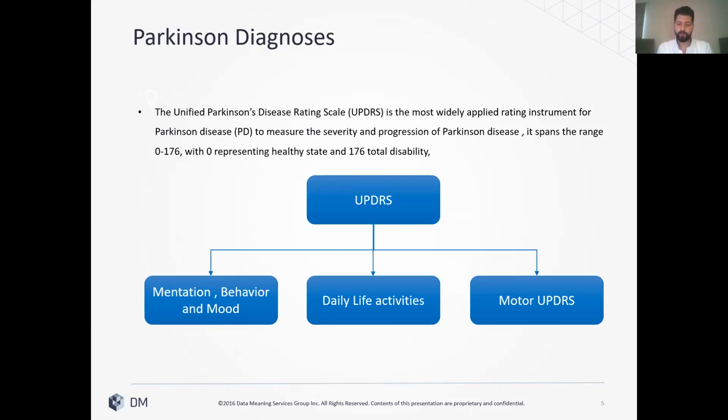It ranges between 0 and 176, with 0 representing the healthy state and 176 a total disability. It's split into three main categories: mentation, behavior, and mood; daily life activities; and motor, which is related to movement and all physical activity.